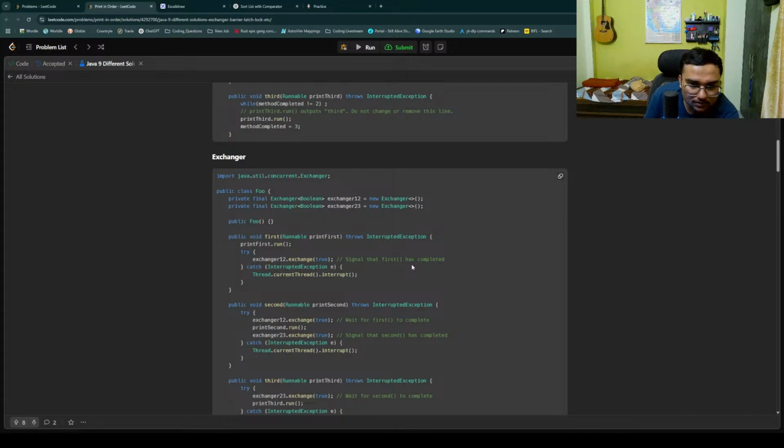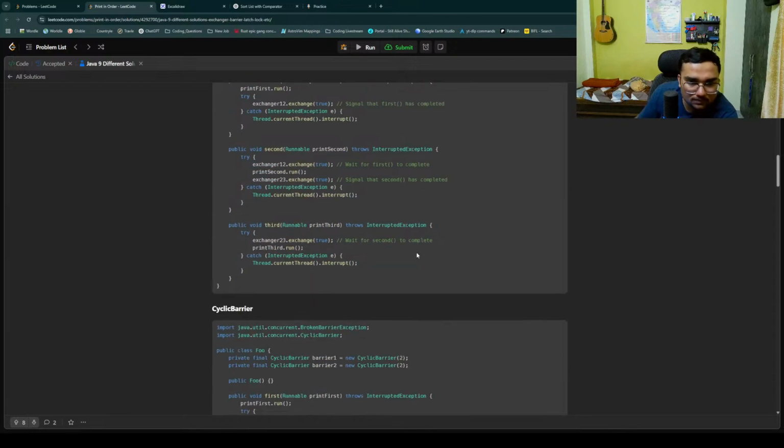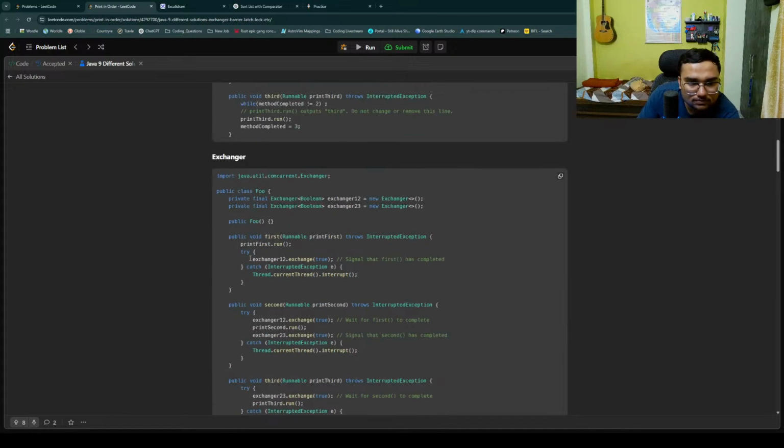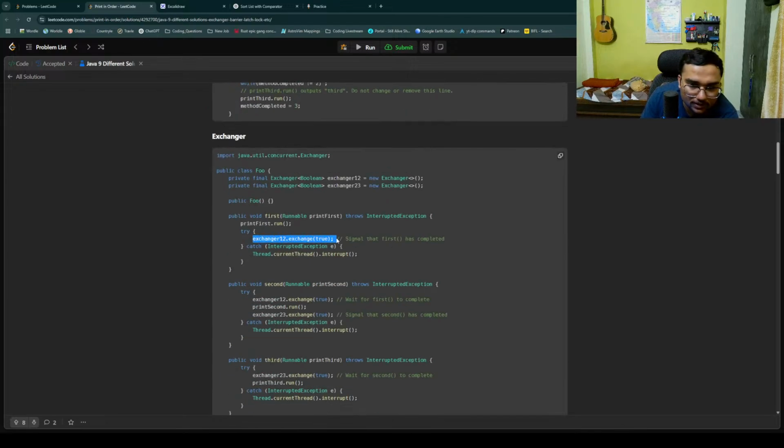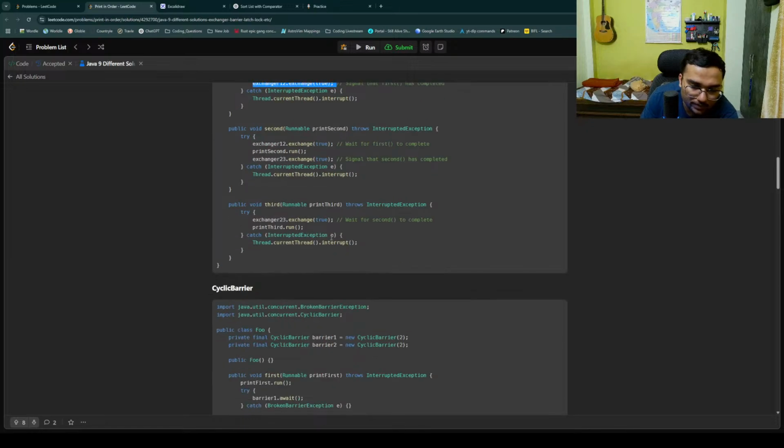Print second. Okay. So this, I mean, what? What is happening? Now this is confusing. Is it switching the value and even checking? What is happening behind the scenes of this?